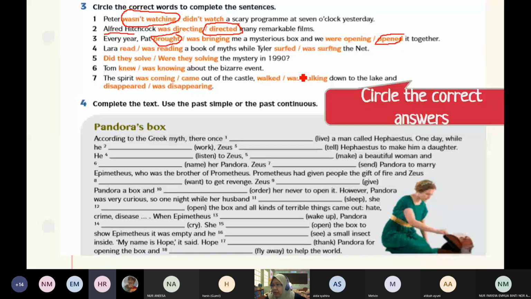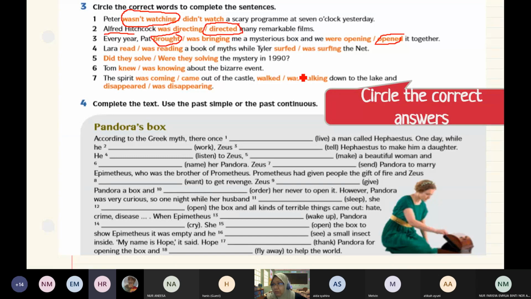Number 6, Hazwa. Hazwa, are you there? What is your answer?